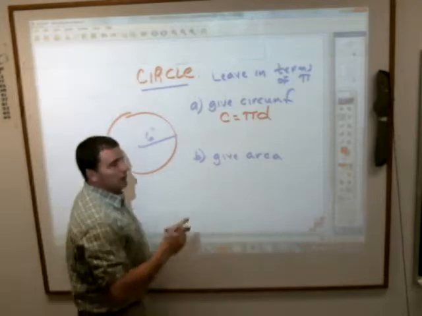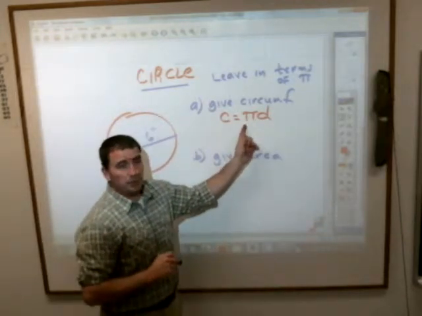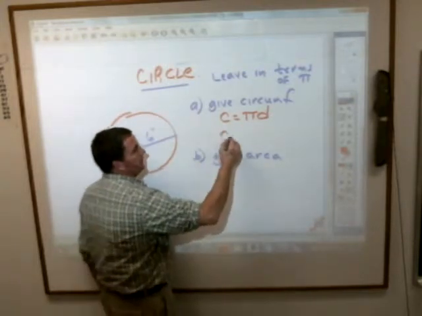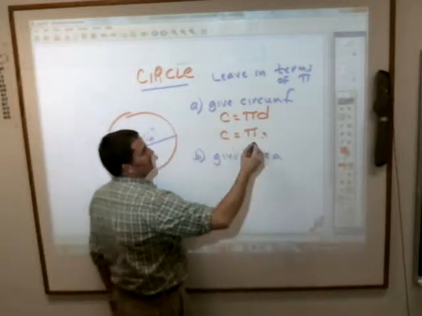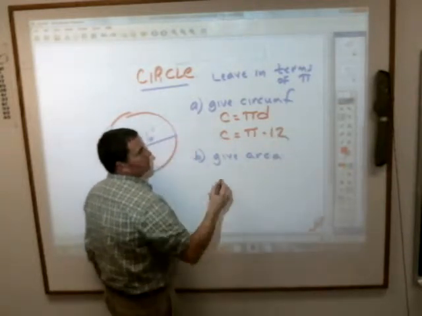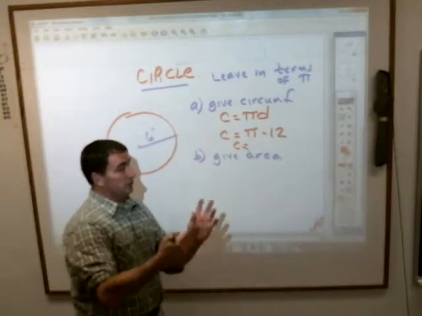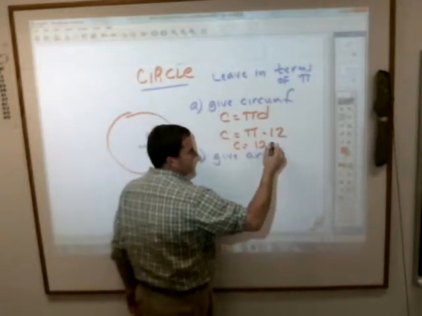If they tell you you can leave it in terms of pi, you don't have to substitute 3.14 or the fraction in for pi. You can leave the little pi symbol there and say circumference is pi times whatever the diameter here is, 12. So your answer, and anytime we leave it in terms of pi, you always put the number in front of the symbol. So the answer is actually 12 pi.